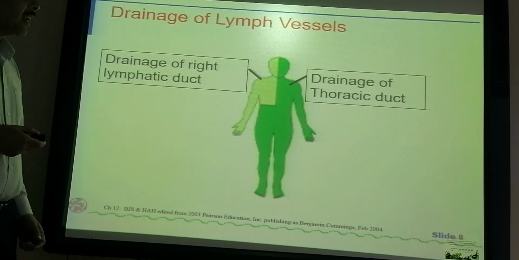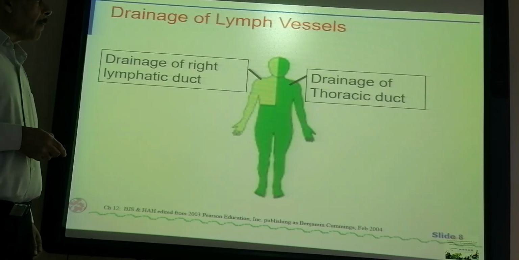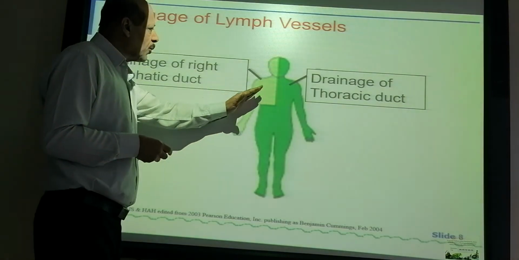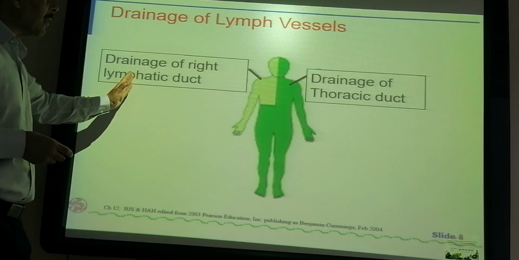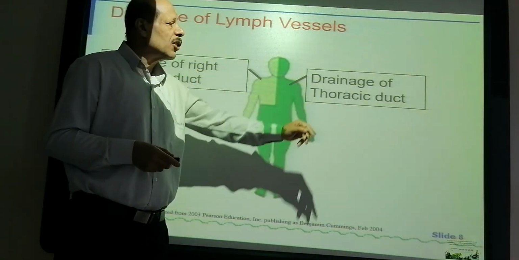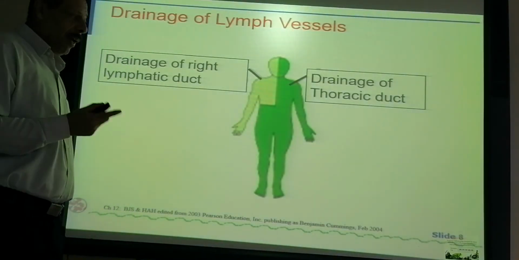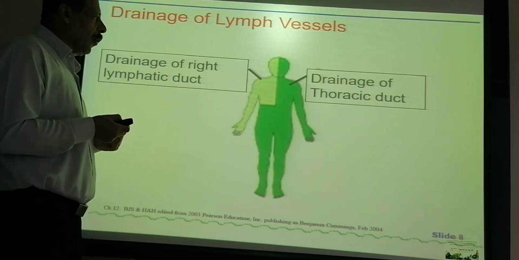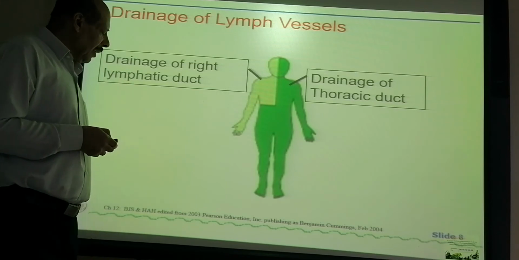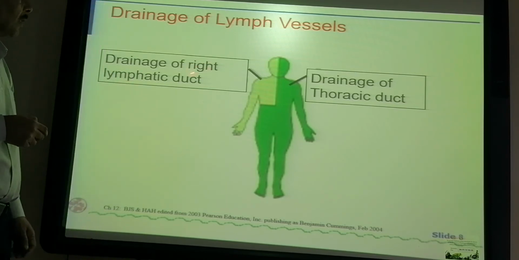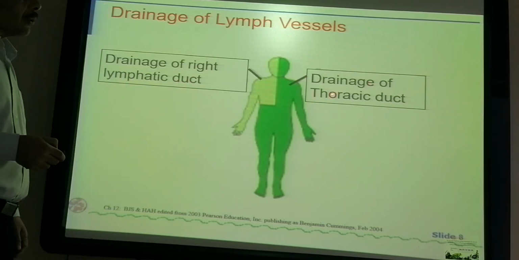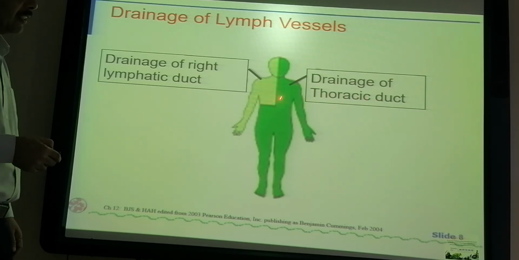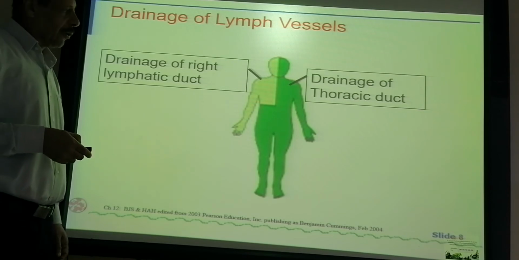So the drainage of lymphatic vessels, as we said, is divided into drainage from the right lymphatic duct and drainage from the thoracic duct. So the lymphatic fluid will go either through the right lymphatic duct or through the thoracic duct, and it will return back to the circulation.